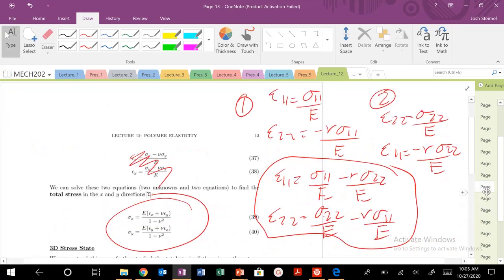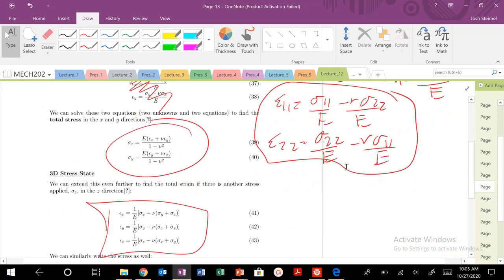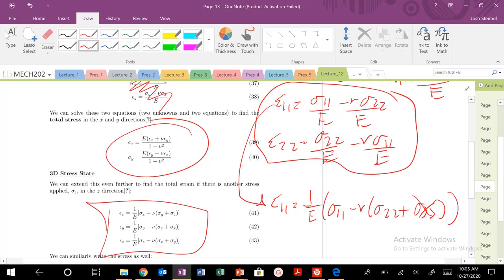So let's go back to our expression here. We wrote out this. We now know from our expression that epsilon 11, in general, is going to be this: 1 over E times sigma 11 minus nu times sigma 22 plus sigma 33. But in this scenario, our sigma 33 was 0. So we basically get this expression again.